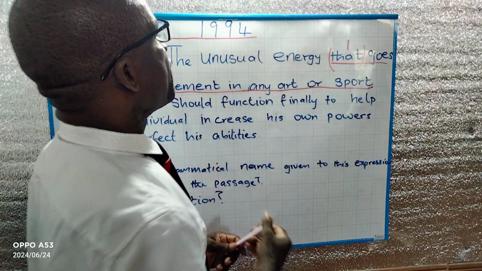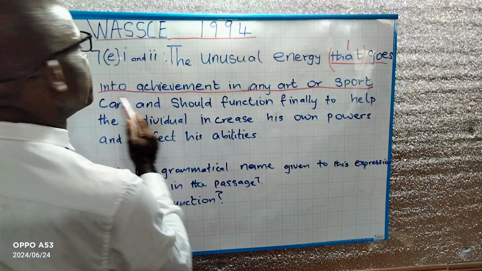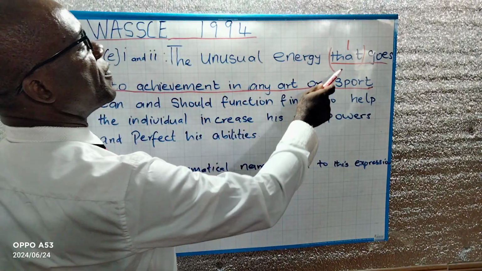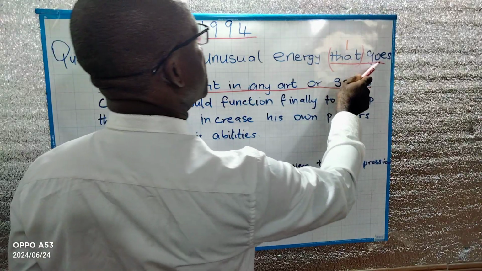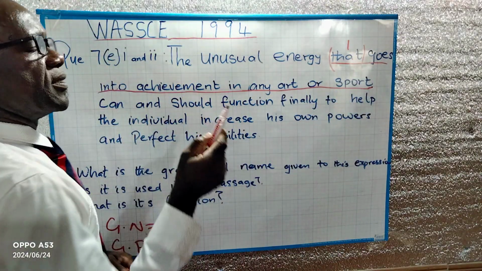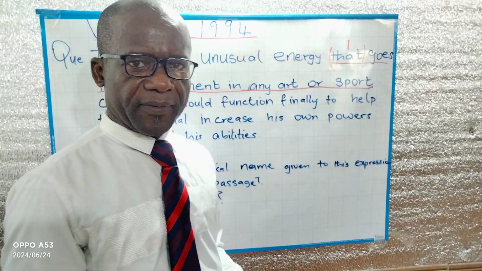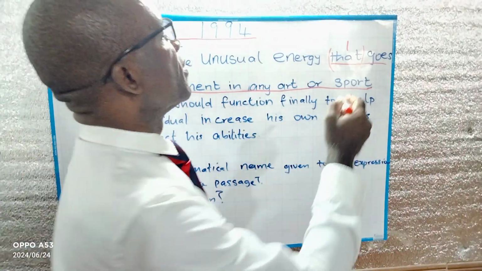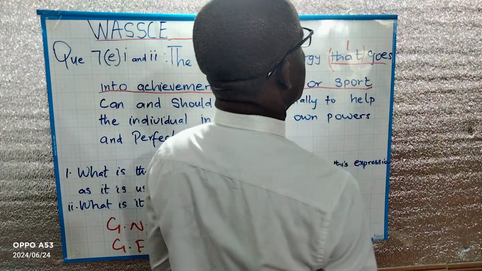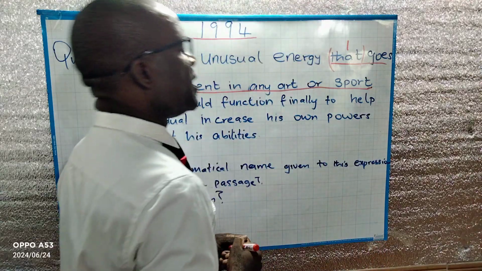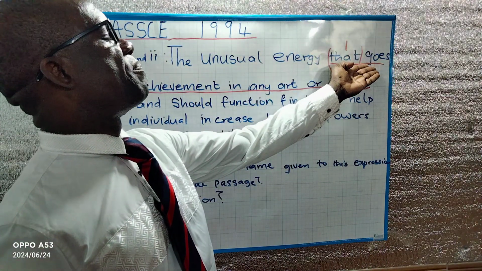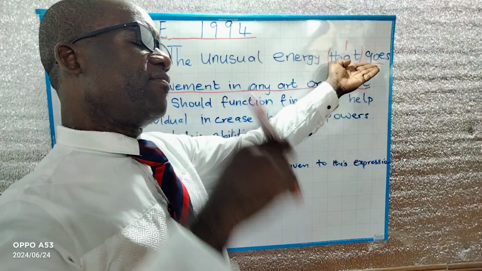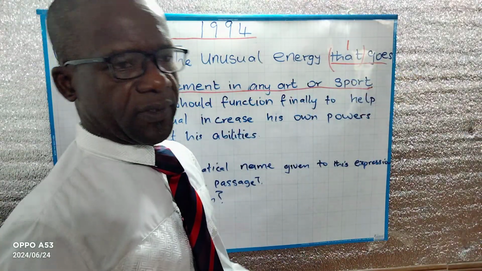We check if there is a finite verb in the underlying expression. So let's go. "That, goes." Goes is a verb, okay? The verb go, went, goes. So goes is a verb, and it is in the present tense, simple present tense. That is the third person present tense form of go is goes.